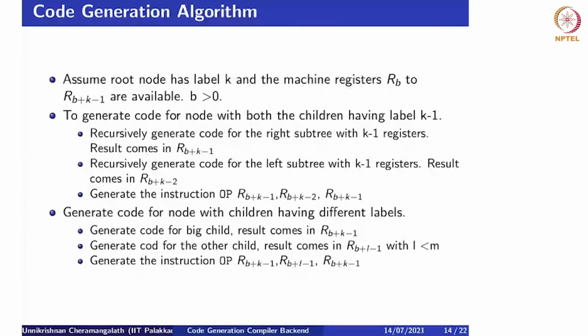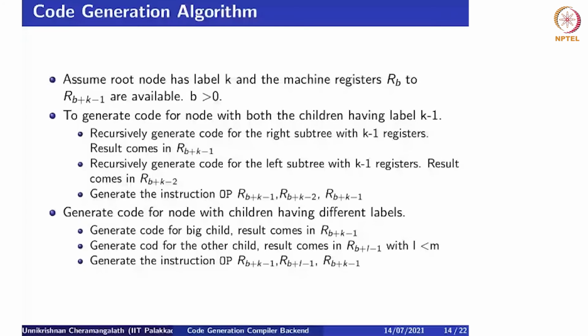Is that correct, or do we allocate new registers? Once you have evaluated one child and the result is available in one register, the remaining registers can be used, because you have computed the value for that subtree. The registers used inside the subtree are not relevant anymore. Only the top result register is relevant.